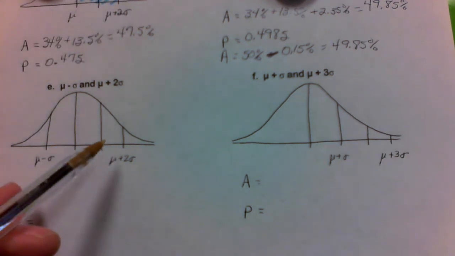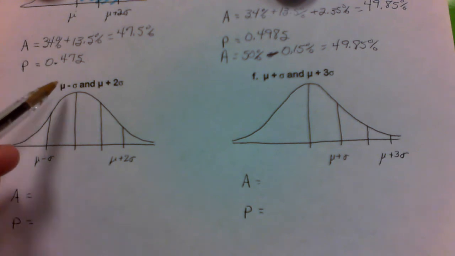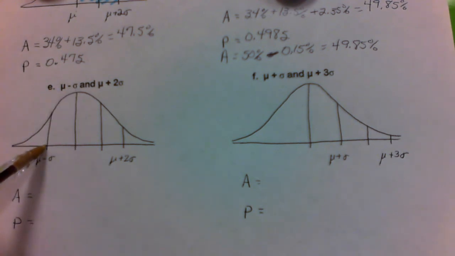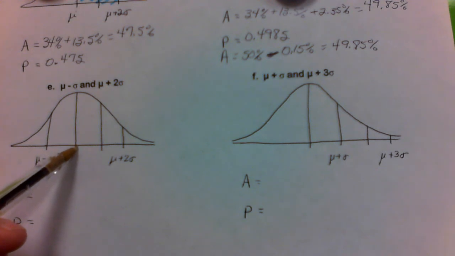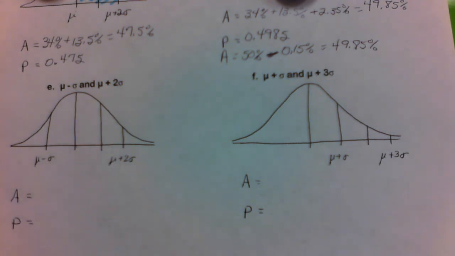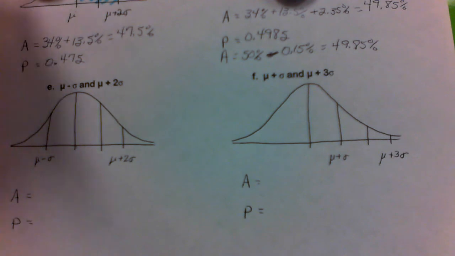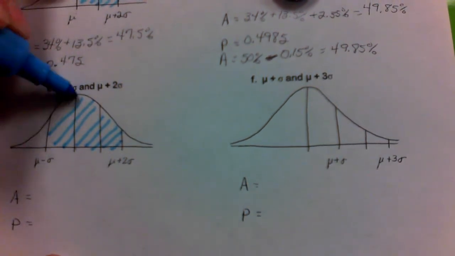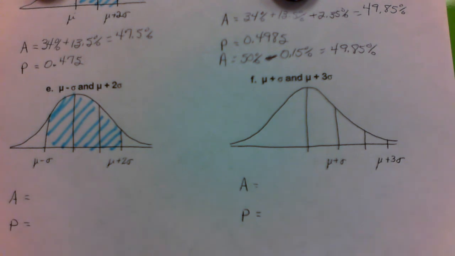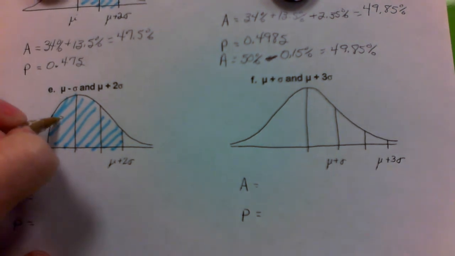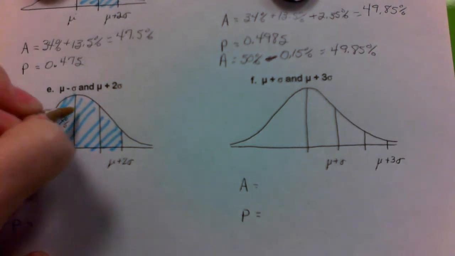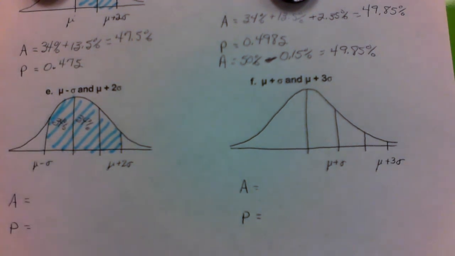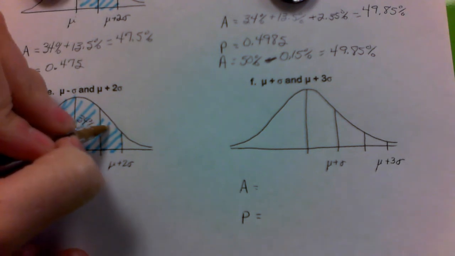All right, so here's my bell curve. Here is mu minus 1 standard deviation, and here is mu plus 2 standard deviations. We are finding the area here. So again, we have 34%, 34%, and then we also have 13.5%.